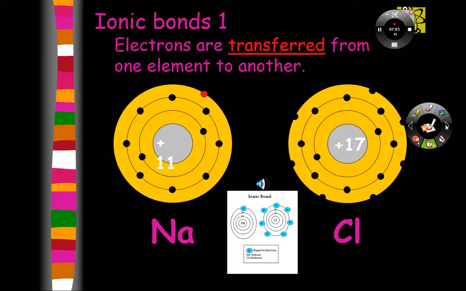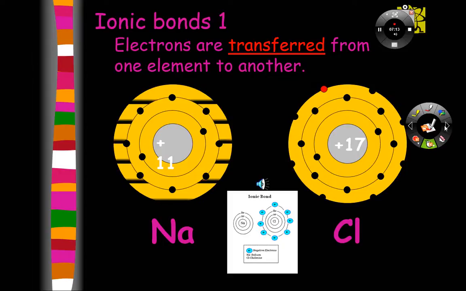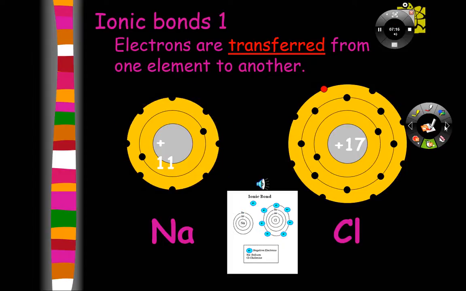Ionic bonds are when you're going to be giving an electron away, where you become an ion. Check that out. You see how it's transferred over there? Sodium gave the electron to chlorine. Sodium was short, wanted to give away one, while chlorine wanted to gain one.